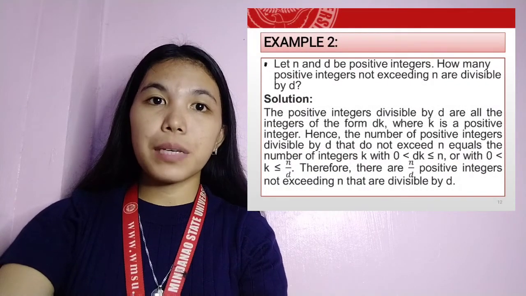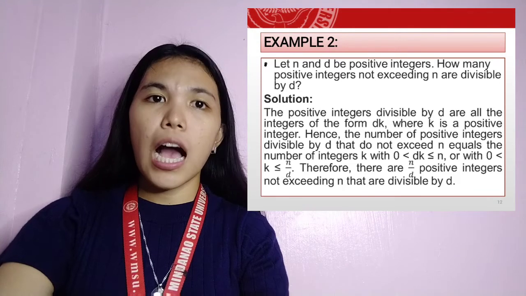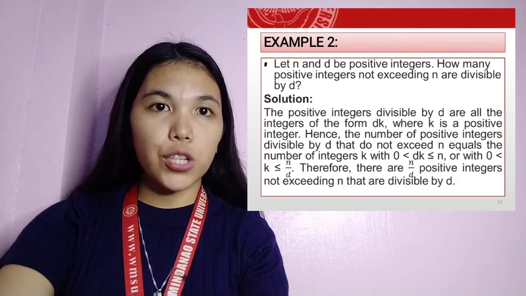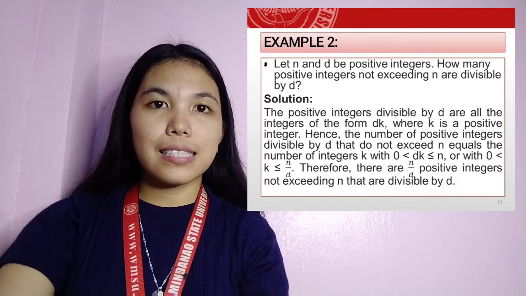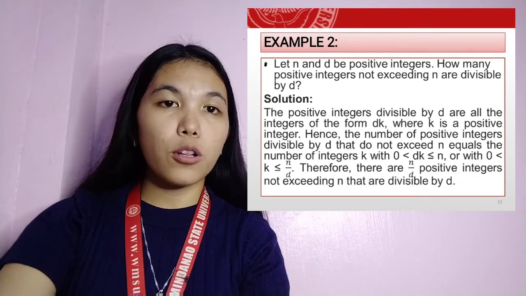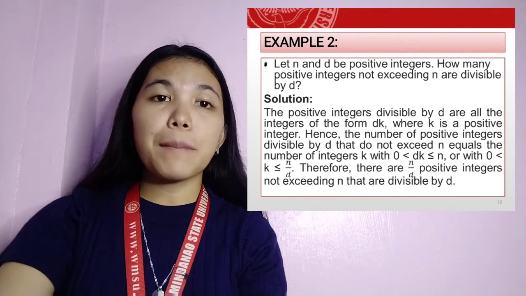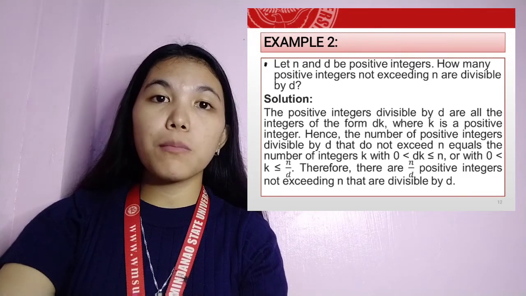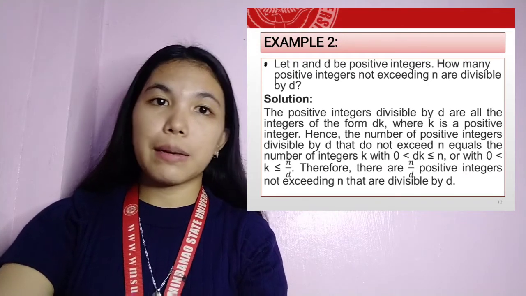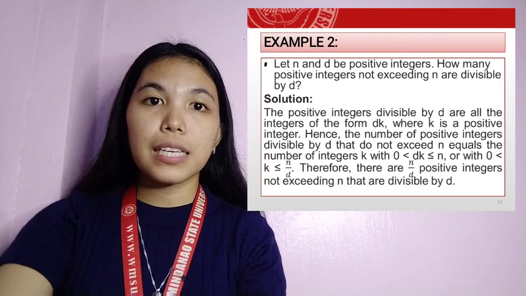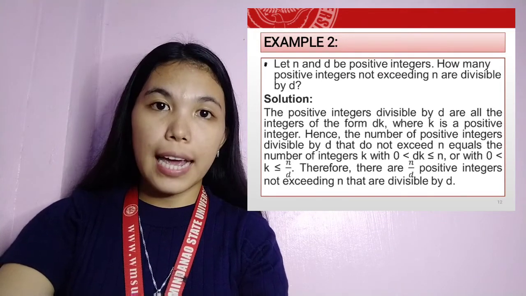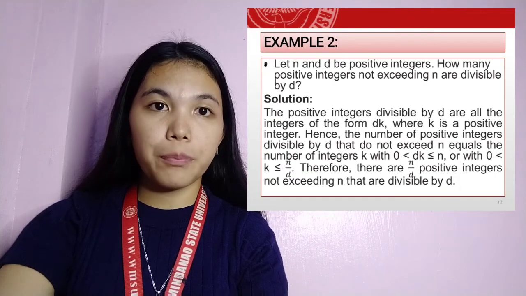So we have another example. Let n and d be positive integers. How many positive integers not exceeding n are divisible by d? So we have the solution. The positive integers divisible by d are all the integers of the form dk, where k is a positive integer.